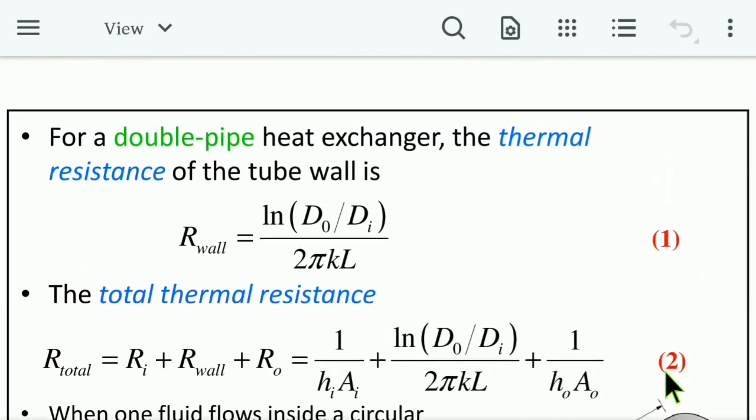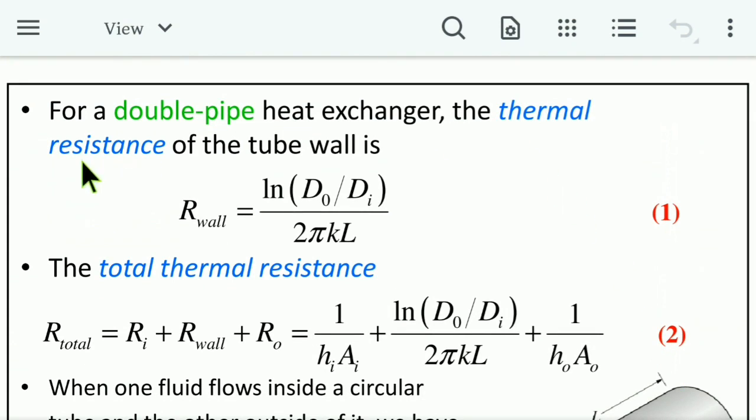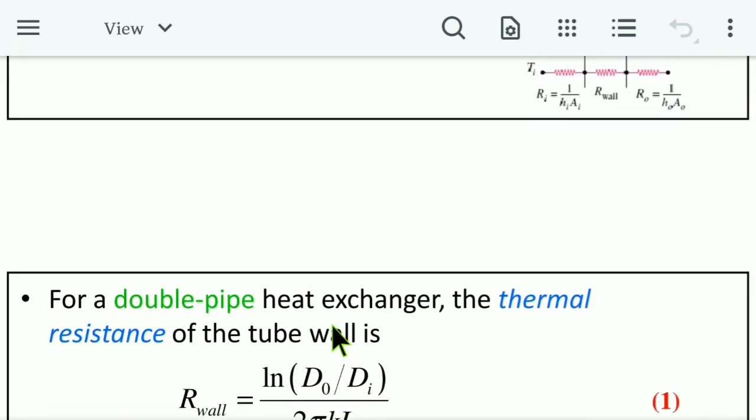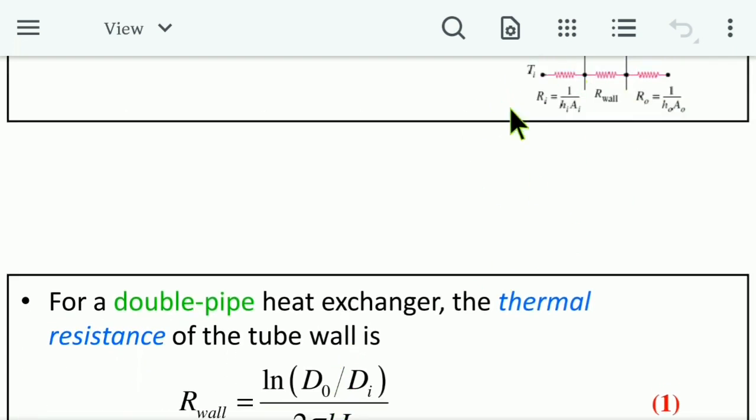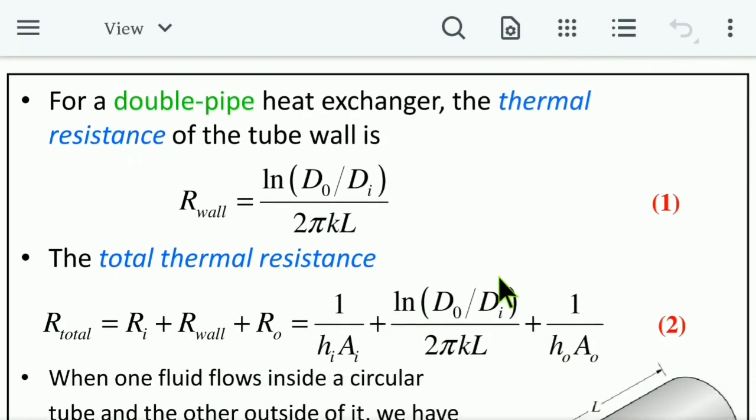For a double pipe heat exchanger, the thermal resistance of the tube wall, R wall, is equal to ln(d_o by d_i), that means outer diameter divided by inner diameter, divided by 2 pi k L. This is equation 1. The total thermal resistance R total is the sum of all these: R input plus R wall plus R output.